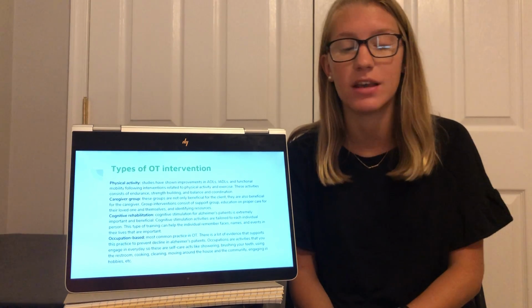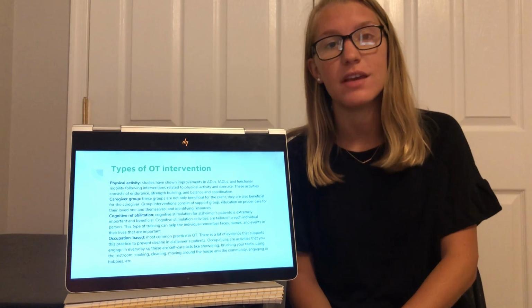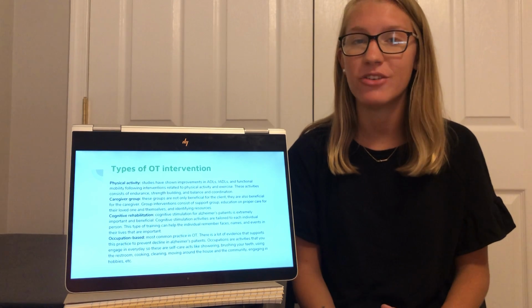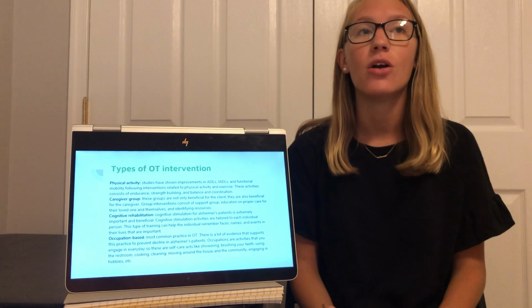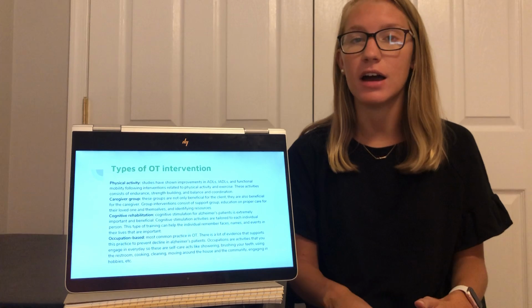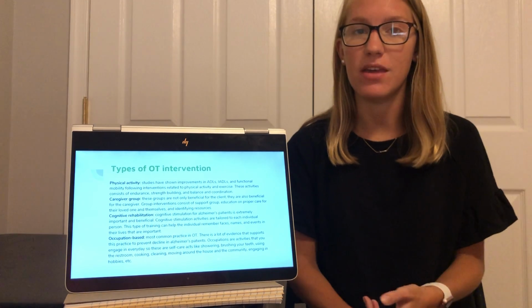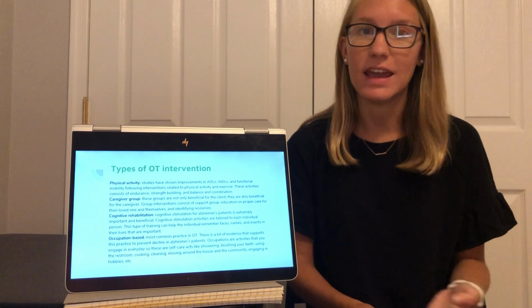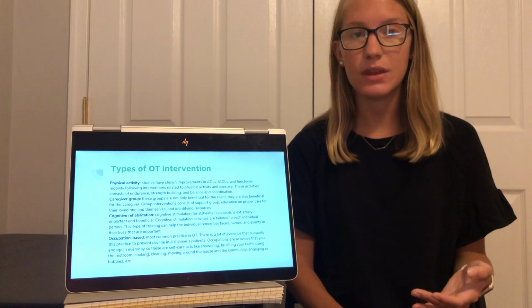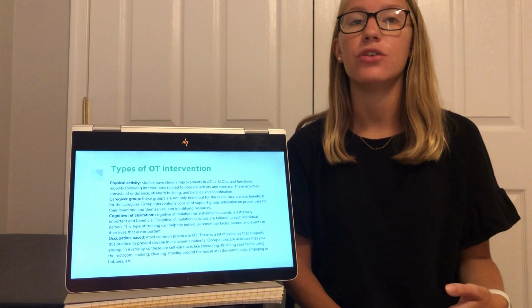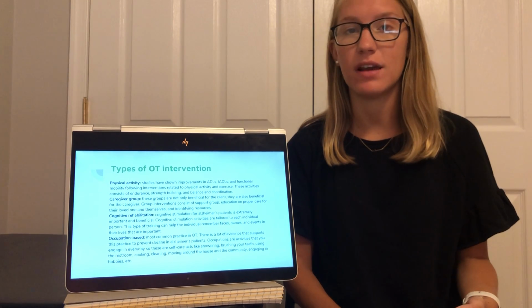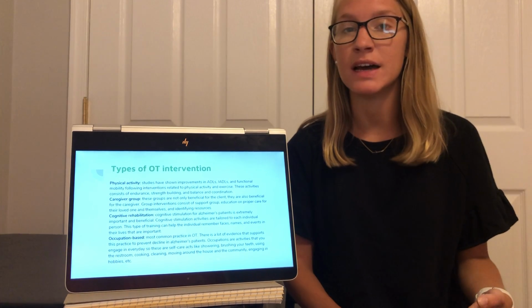So lastly, we have occupation-based interventions. These are the most common interventions in occupational therapy. We're working on specific occupations. So dressing, bathing, eating, things like that. We're helping them to learn how to do these activities in a different way as they decline.